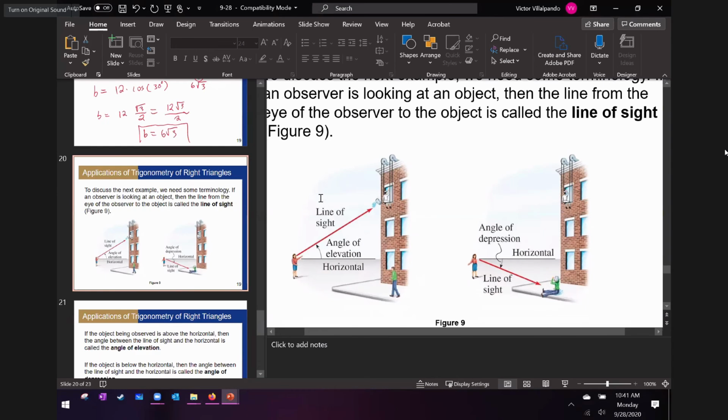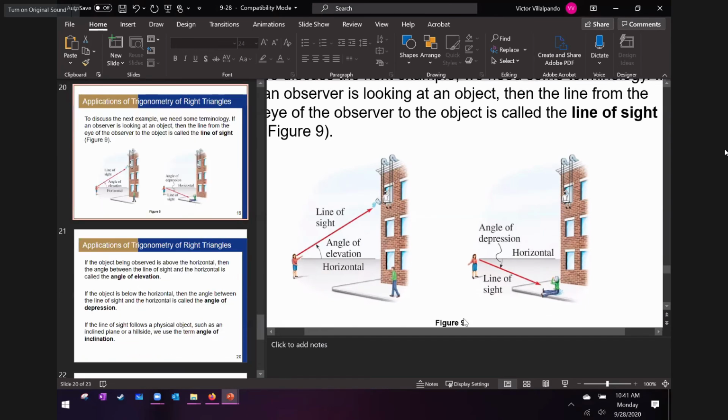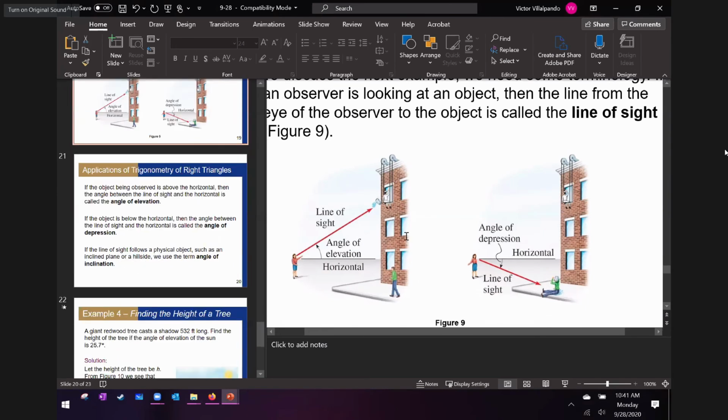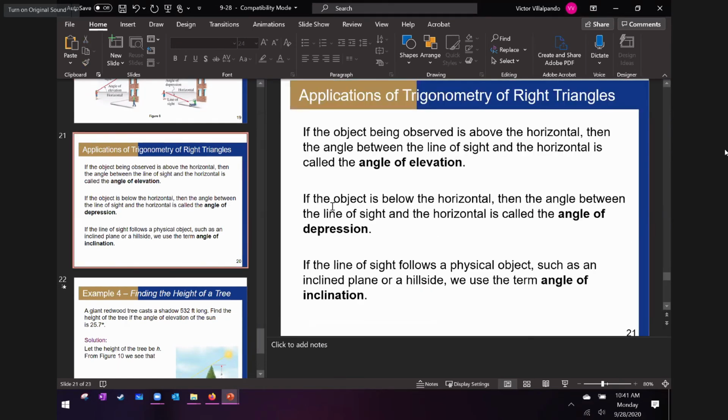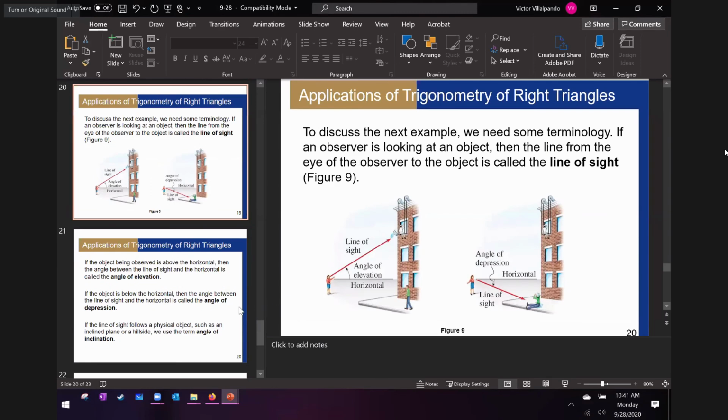All right. Zoom out a little bit, a little terminology, and then the last example right after this. If an object being observed is above the horizontal, then the angle between the line of sight and the horizontal is the angle of elevation, like we saw in the picture. If the object is below the horizontal, then that angle is called the angle of depression, which again we saw in the picture in slide 20.